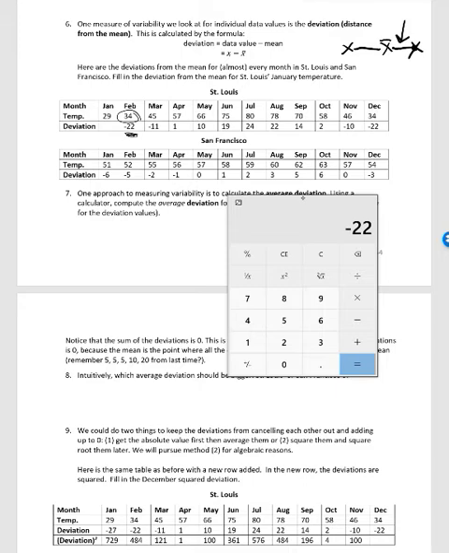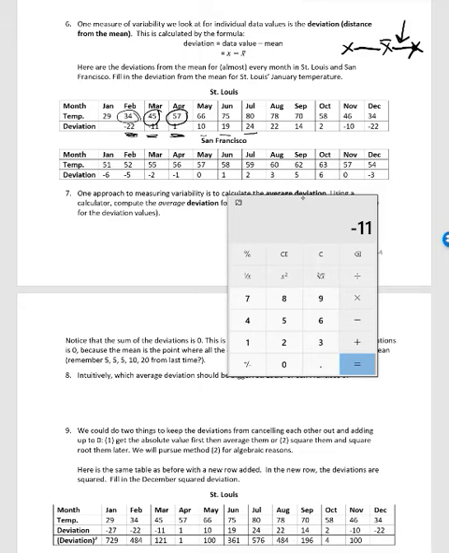So that's where these deviations are coming from. 45 minus the mean of 56 and we get a deviation or a difference of -11. It's negative because our data point is below the mean. For April, we can see our data point is above the mean by 1, so our deviation is +1. We're 1 above the mean. Here we're 10 above the mean, 19 above the mean, 24 above the mean, and so on.